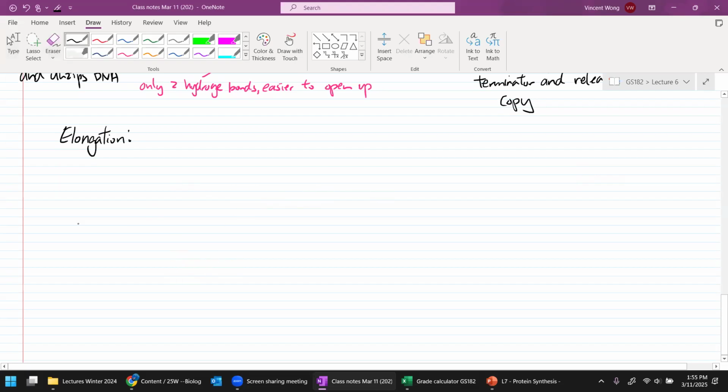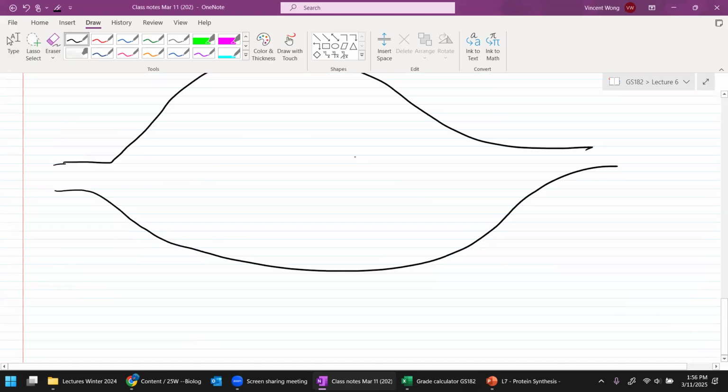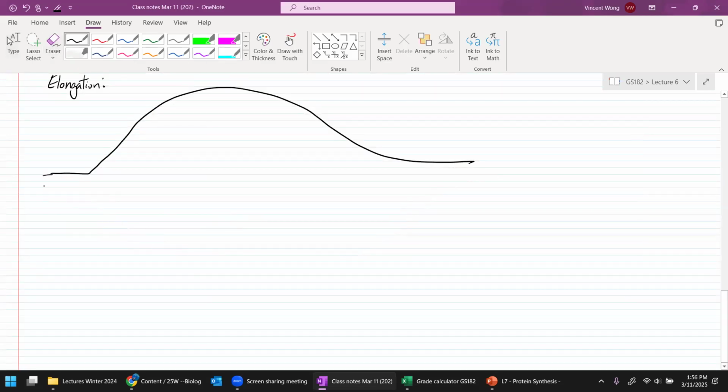So here, the DNA is unzipped right there. Never mind the 5' and the 3' in this case. It's already very complicated.